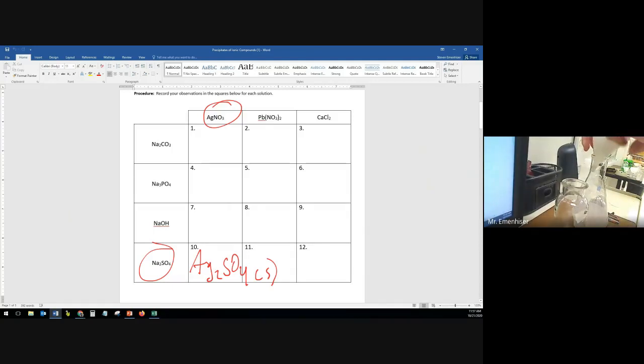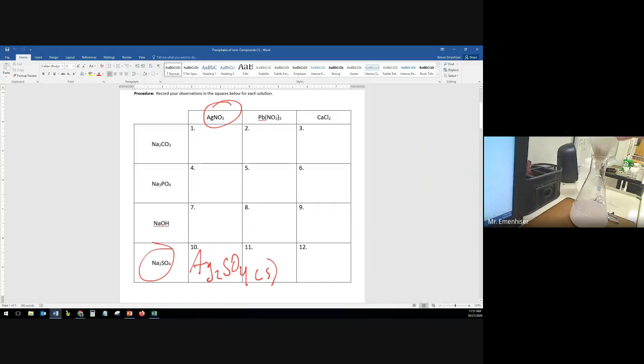And let's filter number 10 and we'll check it out. Come on now. Work with me. All right. So let's shake this up. Pour it in our filter. Let's filter this beautiful solid. I want to see that. So that's number 10.